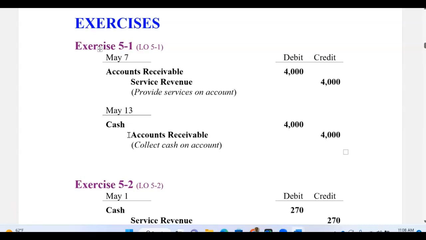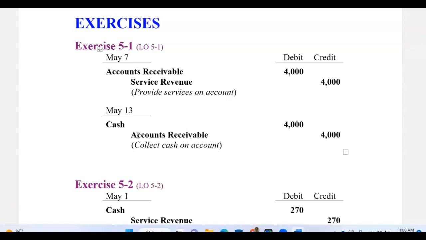Maybe a week or 2 or 3 weeks later, let's say you get a check, and that's the moment you recognize the cash that you received, and you debit your cash checking account, let's say, or cash savings account, wherever you want to deposit that. And then accounts receivable will be closed. So it's a very straightforward recognition of sales and then recognition of collection.